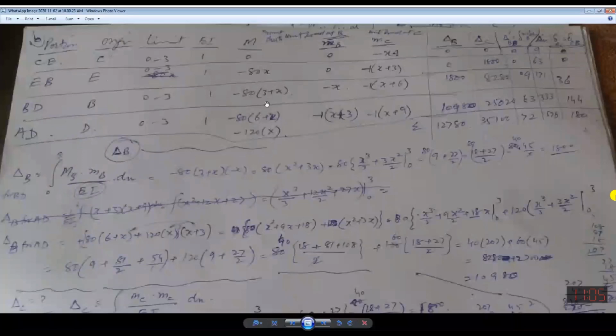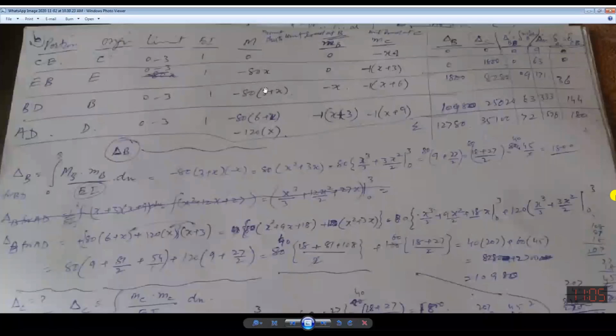The variation is between B and D. It means I can write minus 80 into (3 plus x). The 3 will be the absolute value, which is outside this range BD, so it will be 3 plus x. X is the variable that varies between B and D.